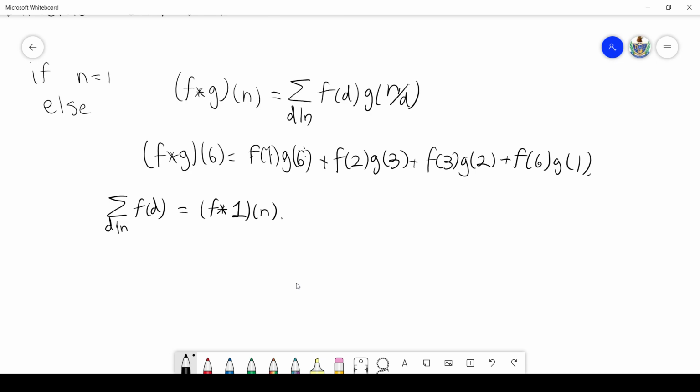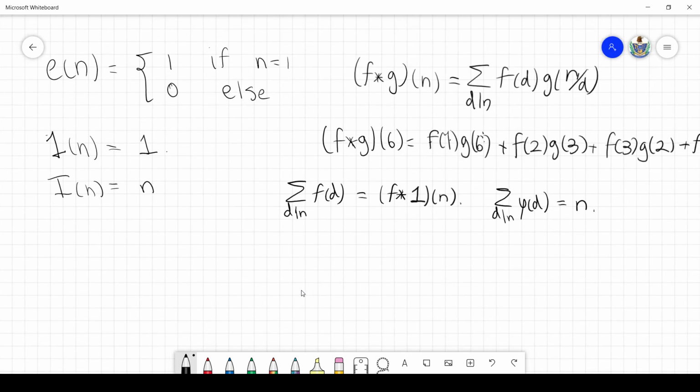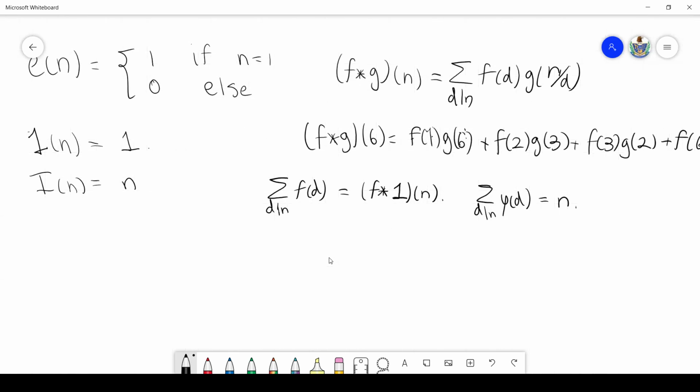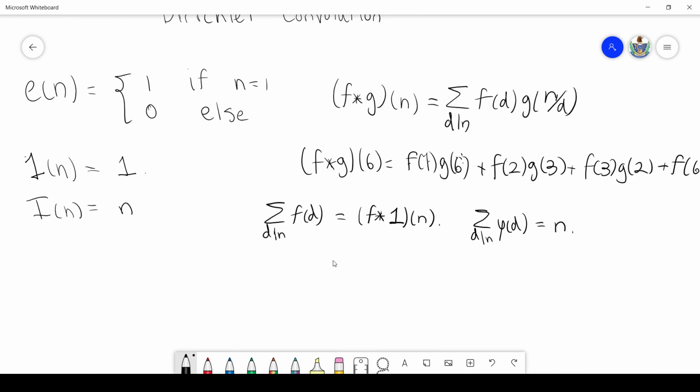For instance, we saw in the last video that the sum over the divisors of n of phi of d was equal to n. So what this means in terms of Dirichlet convolution is that phi convoluted with 1 equals I, because I is the function that turns into n, and here we're summing over the divisors of n of phi of d.